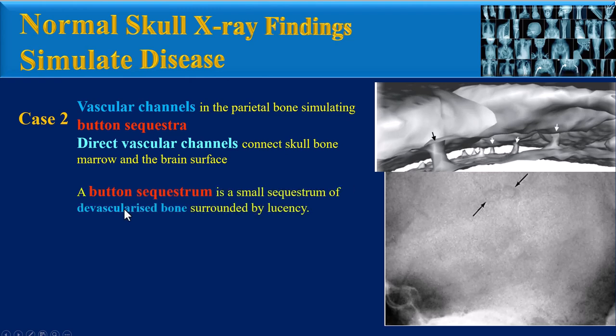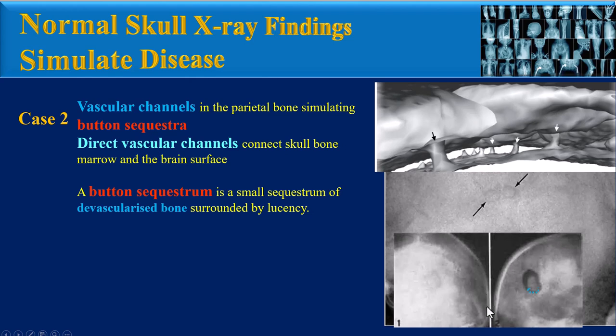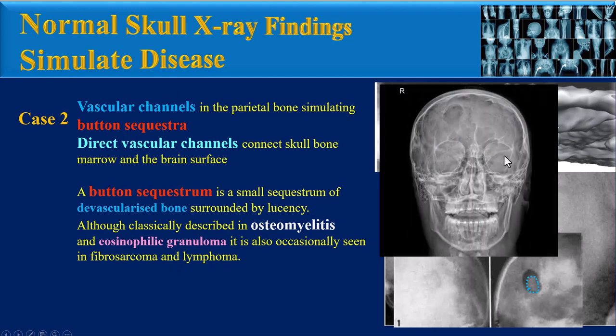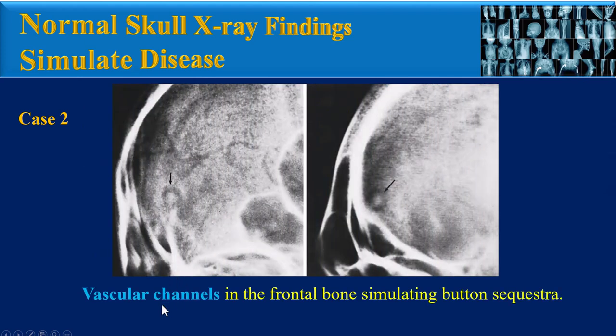A button sequestrum is a small sequestrum of devascularized bone surrounded by lucency. Also classically described in osteomyelitis and eosinophilic granuloma, it's also occasionally seen in fibrosarcoma and lymphoma. Another example of vascular channels in the frontal bone simulating button sequestra.